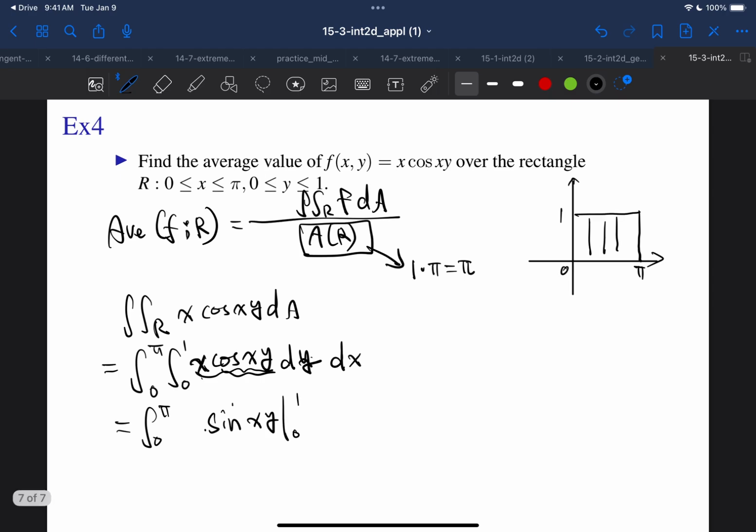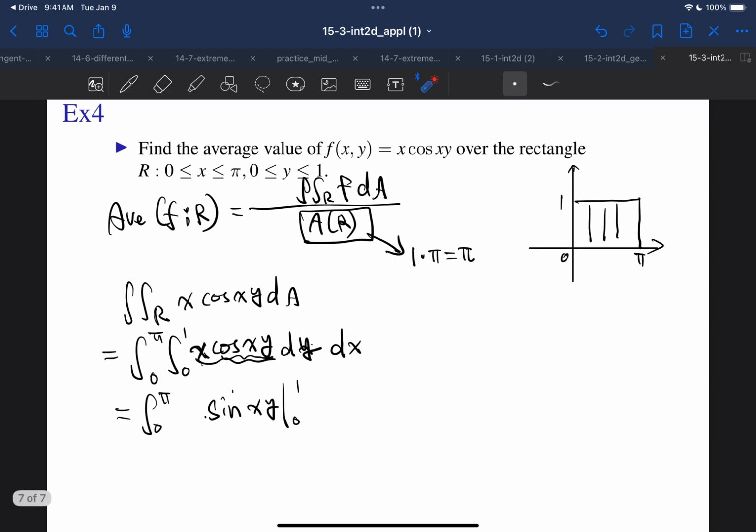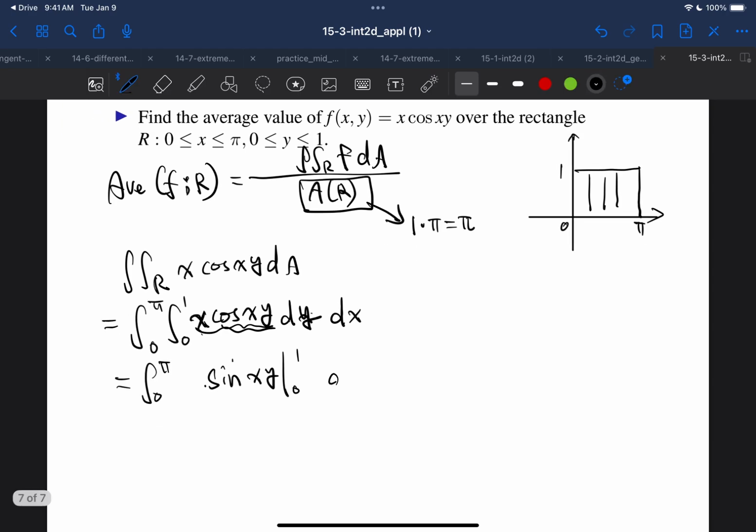Remember, 0 to 1 is replacing y value. So here is y value. X value will remain to the next integration because there is a dx. So 0 to pi. And if you put 1 here, the first term is sine x, minus, take the difference.